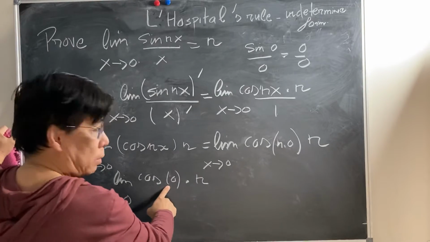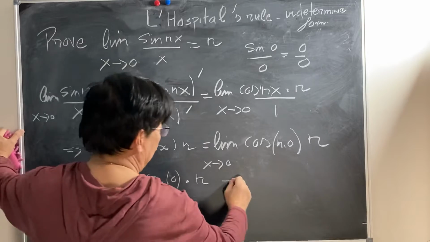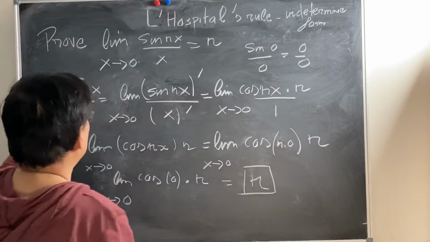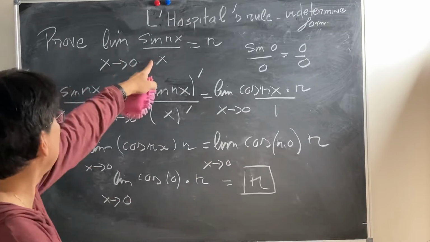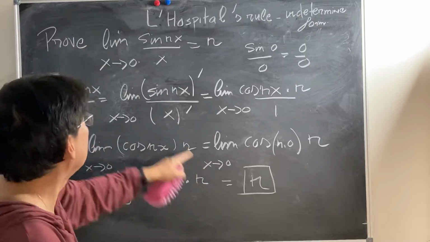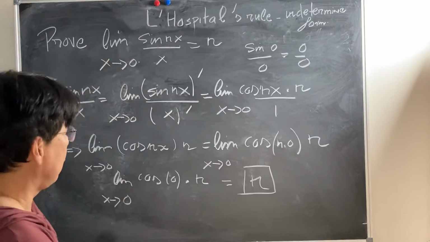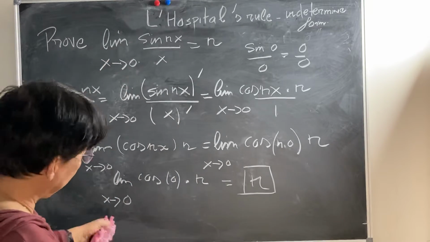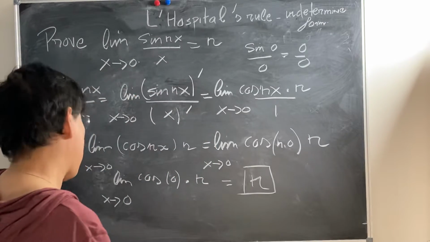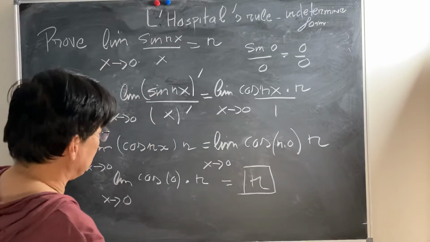Cosine 0 is 1, and 1 times n is n. So the limit of sine nx divided by x equals n. We proved it. This is a good place to stop. Now we go to a different example.